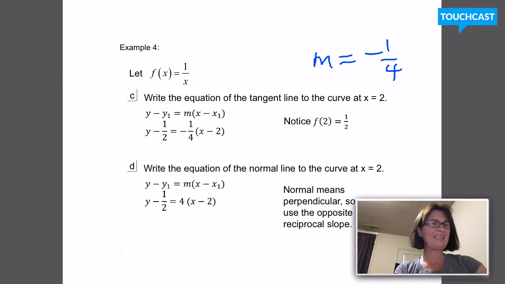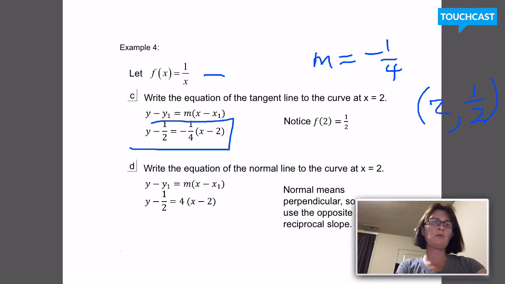The other information I need is an ordered pair. Well, I know the x of my ordered pair is 2. The question is, what's the y value on the 1 over x function when x equals 2? Well, it's going to be 1 over 2. So here's my ordered pair, 2 comma 1/2, and a slope of negative 1/4.